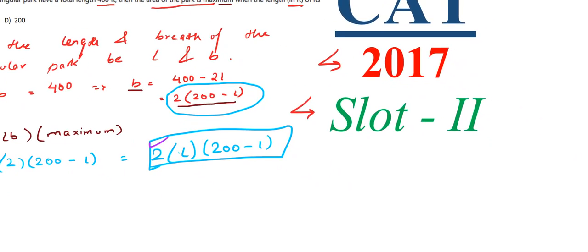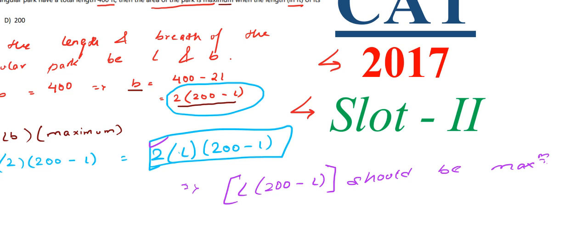So we can write this here as L into 200 minus L should be maximum. So we need to find a condition where L into 200 minus L is maximum.